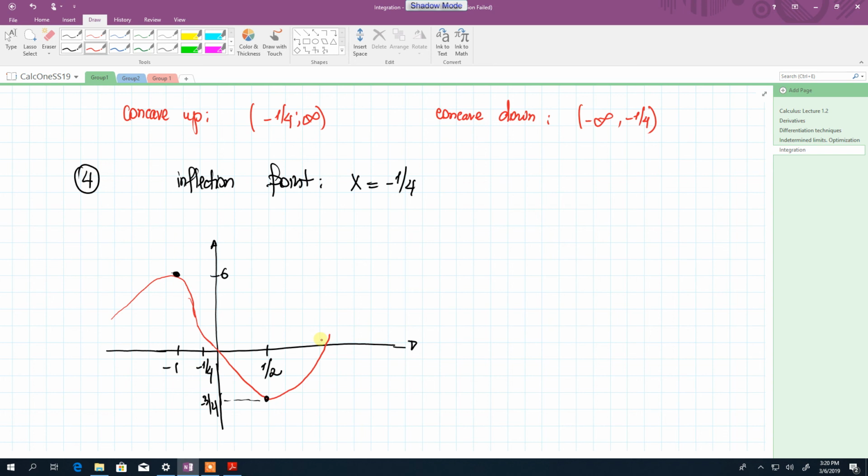And after minus 1 over 4, the function is always concave up, you see? So at the point minus 1 over 4, it changes its concavity from down to up. Okay? So you will probably have this kind of question in the exam.